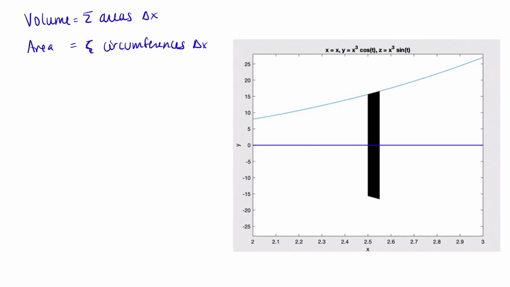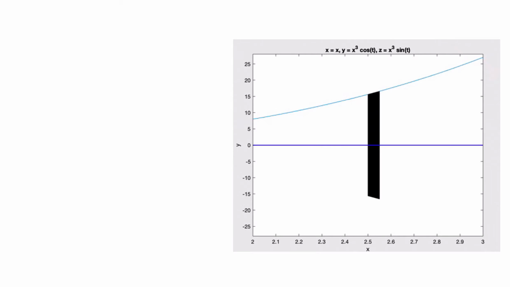So what I mean by that is that we can compute, if I split my region into n subintervals, and this is my xi, and I draw a little circle here, then the circumference of this circle, we know it's 2 pi r. Well, r is just the height here.